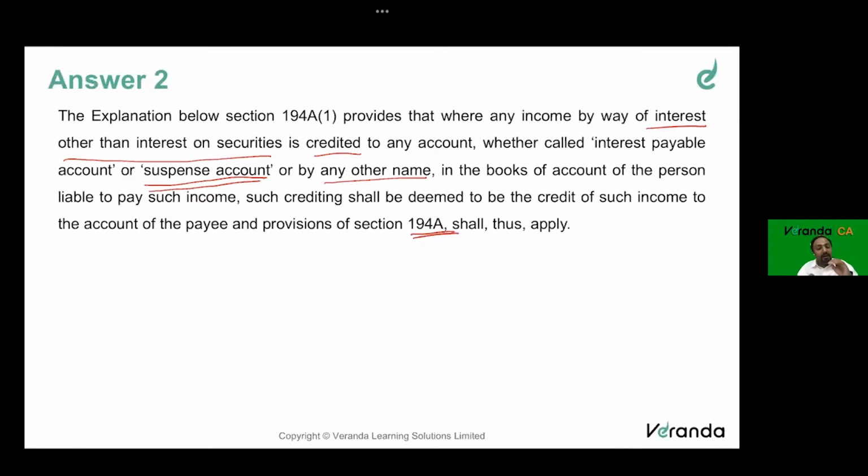Now it looks straightforward, since even though he has not accounted it to the person, this account for core banking, whatever they're doing for monitoring purposes, could be considered a suspense account, or at least fall under 'by any other name'. This will be the initial assumption as far as we are concerned.